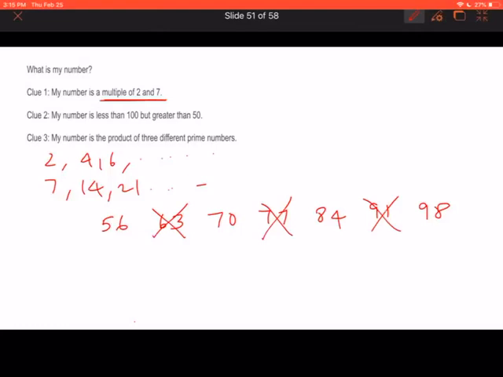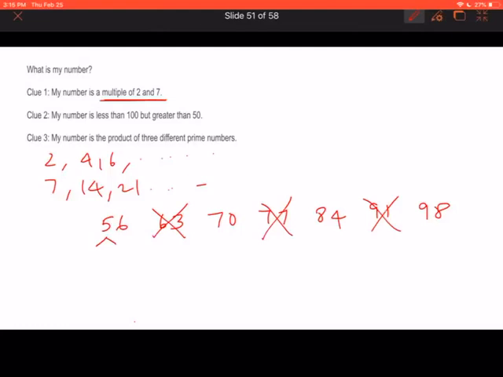Okay, now we will see the third clue. My number is the product of 3 different prime numbers. So this number has to have three different prime numbers as its factors. Only that number is going to be selected.